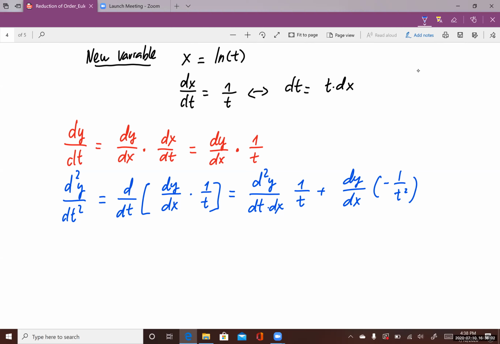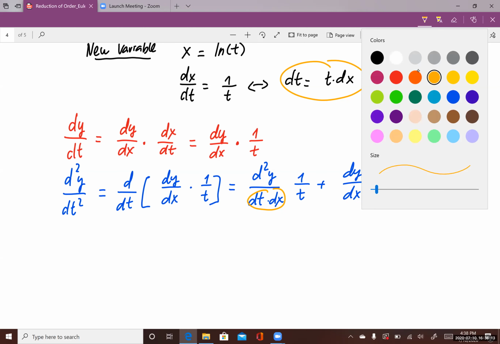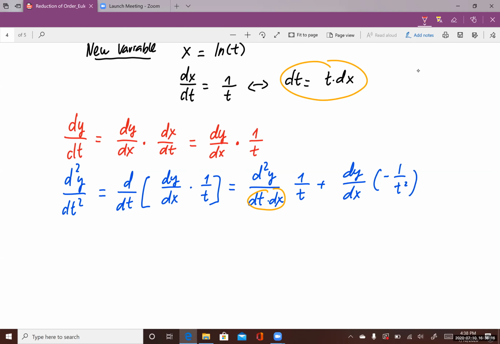Now we're going to use this information to solve these terms. Since dt equals t times dx, I will replace dt by t times dx. I will get d squared y over dx, times 1 over t, plus dy dx times negative 1 over t squared.